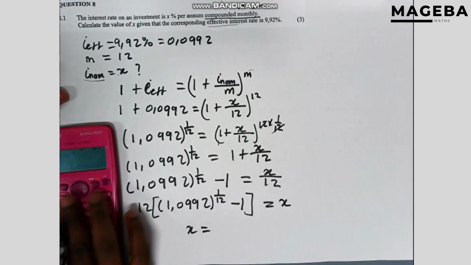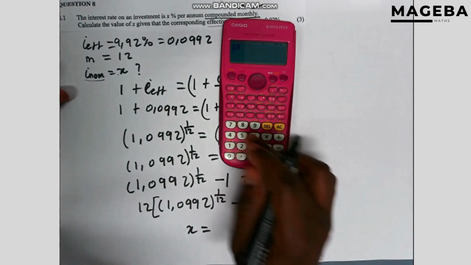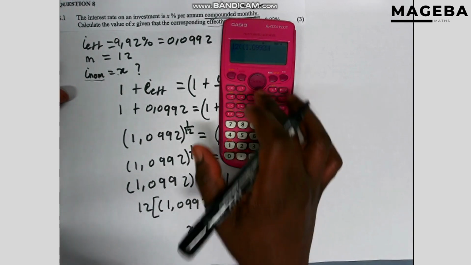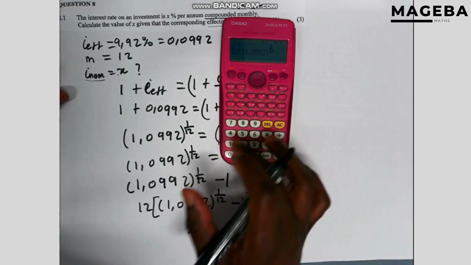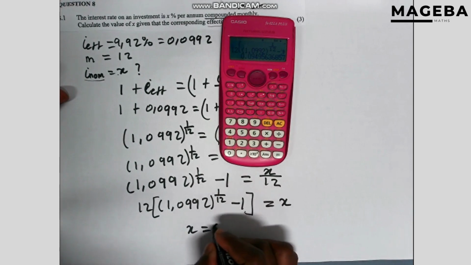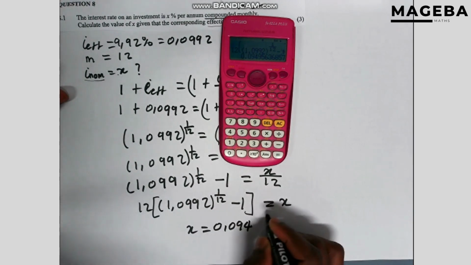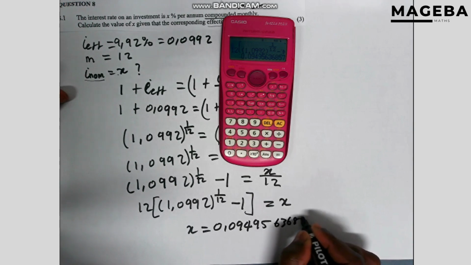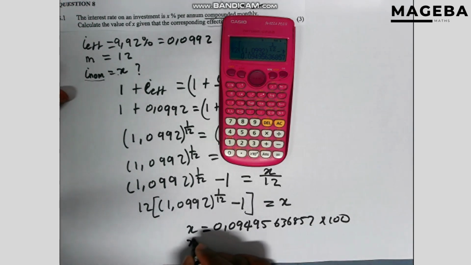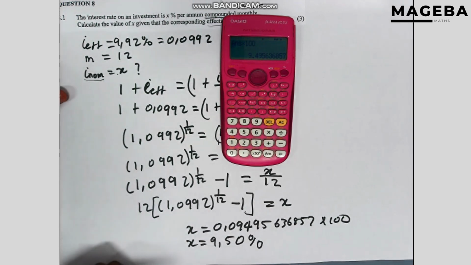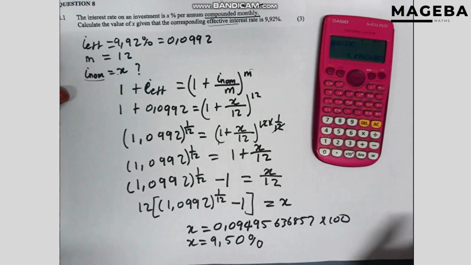So my X is going to be 12 into, also brackets when you're punching your calculator, it's very important, 12 into the bracket minus 1, so 0.09495 9563687, times it by 100, okay, 9, if I round off to 2 decimal places, it's going to be 9.50%. I hope everyone understands. I hope everyone is clear.